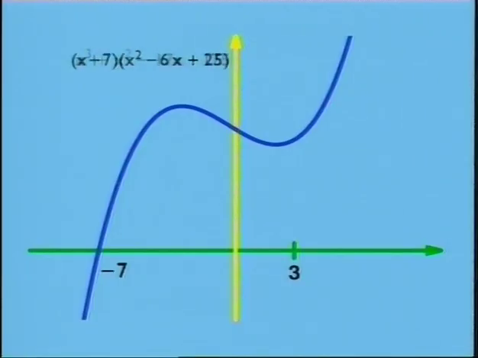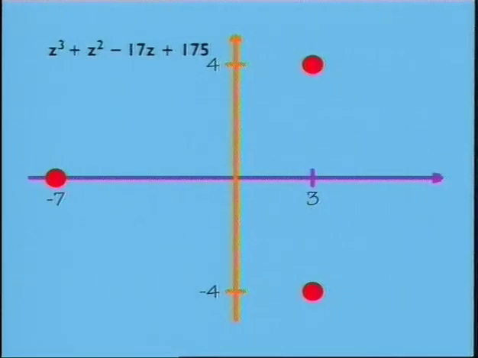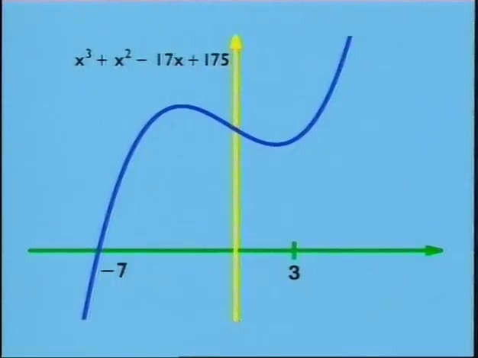If we factorize, you'll recognize an expression you've already solved in this chapter. Indeed, the quadratic part is the one we looked at earlier, as you can see in the Argand diagram. But what happens to the roots if we change the value of the constant term and look at the graph of x cubed plus x squared minus 17x plus c, where c is real, and at the roots of this complex function?